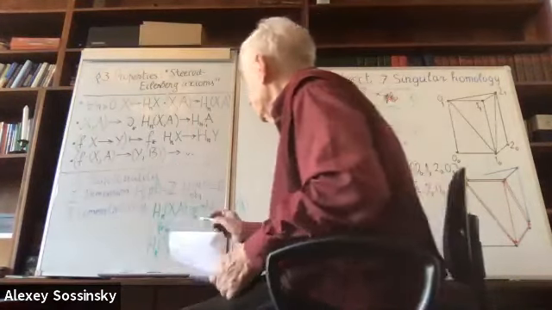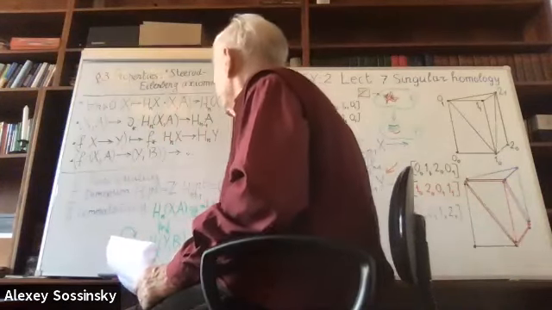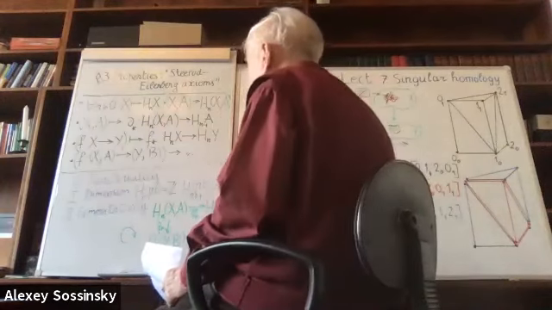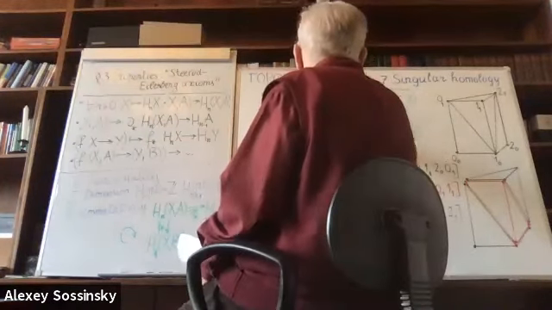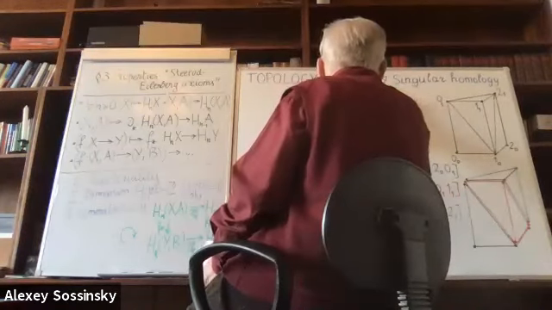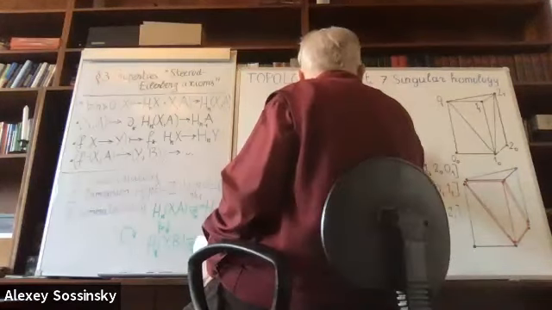And so this diagram commutes. These are the first two properties of the functor of singular homology.